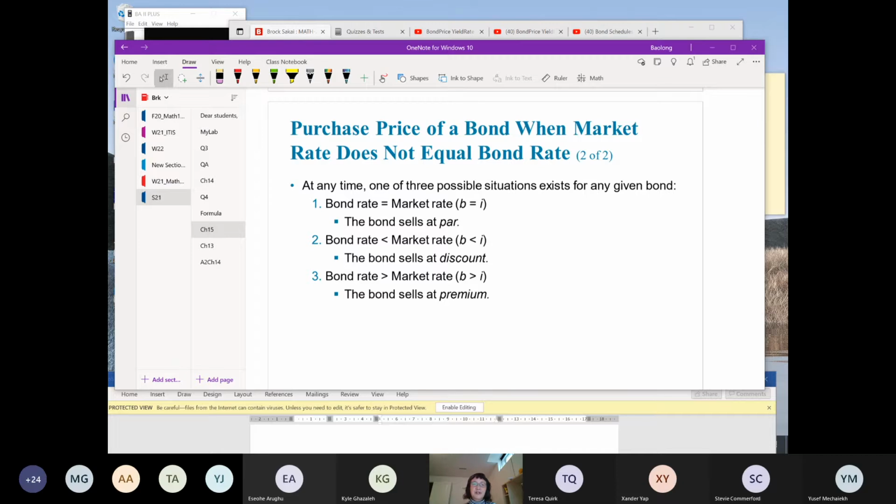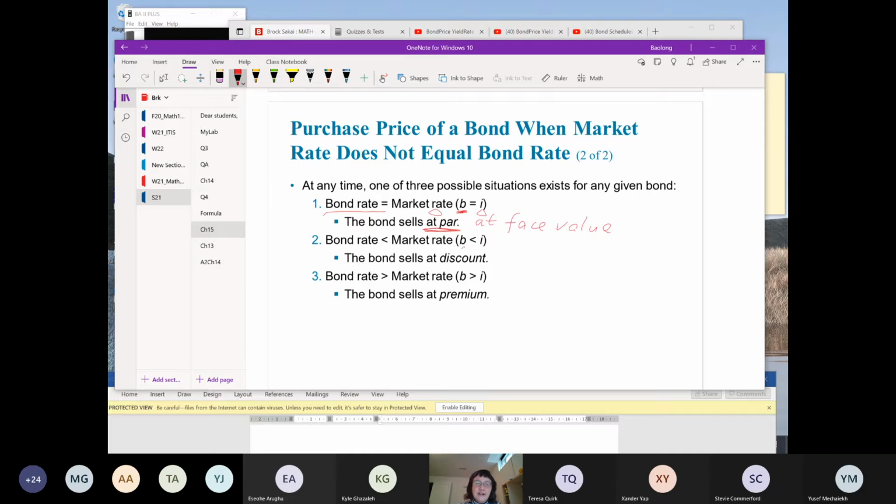Sometimes you will see the words, the bond is sold at par. What does at par mean? At par means at face value. When a bond is sold at face value, the bond rate, we use B to represent the bond rate, equals the market rate I. When the bond rate equals the market rate I, we call this situation the bond sells at par.